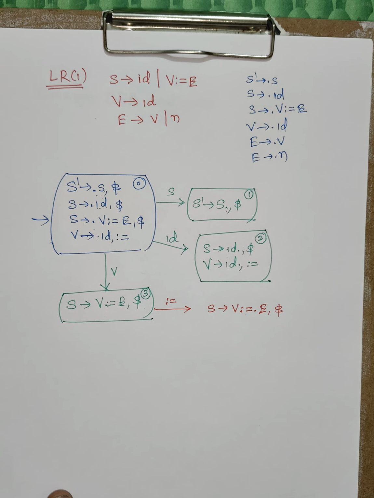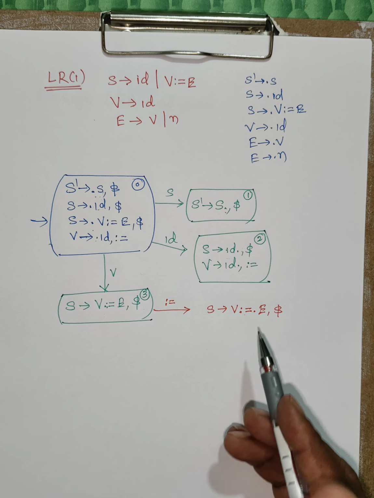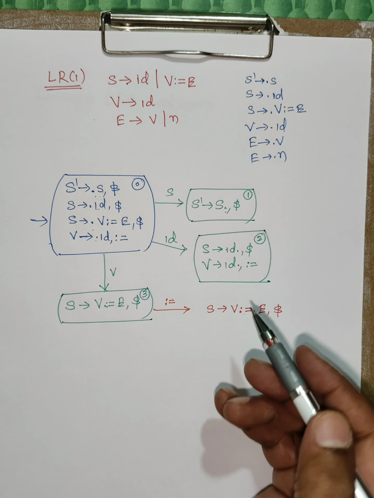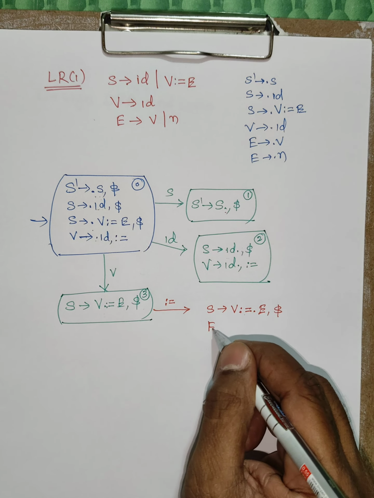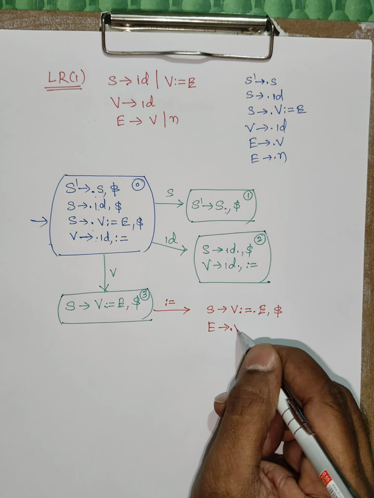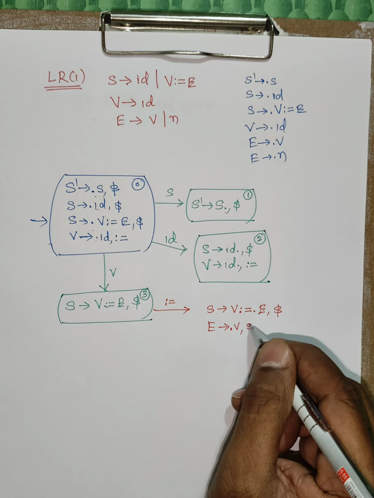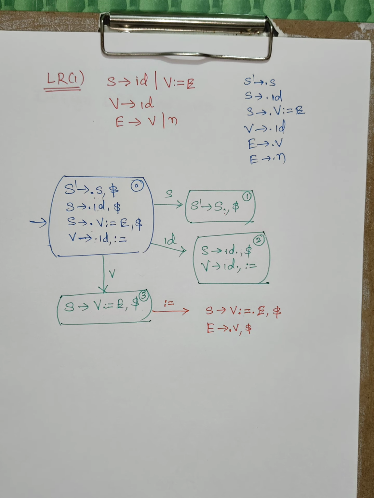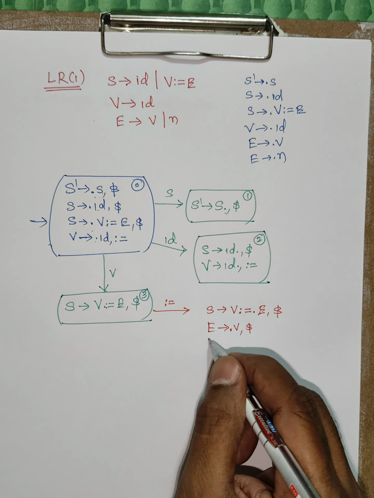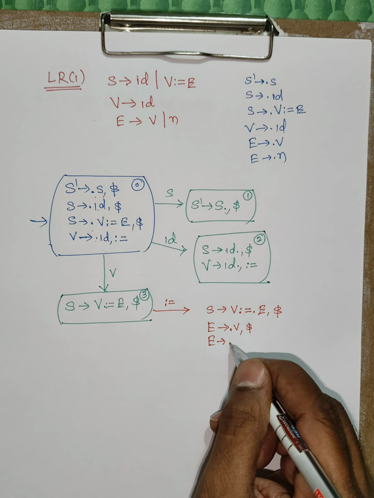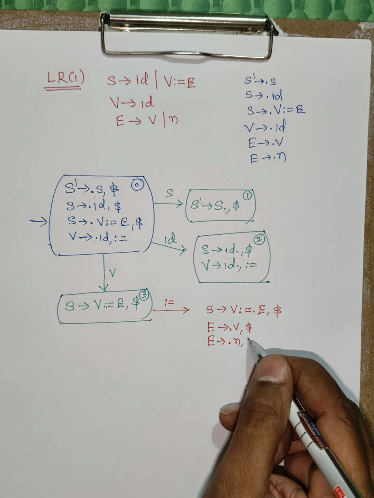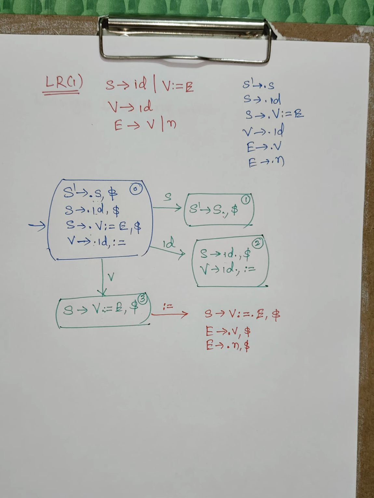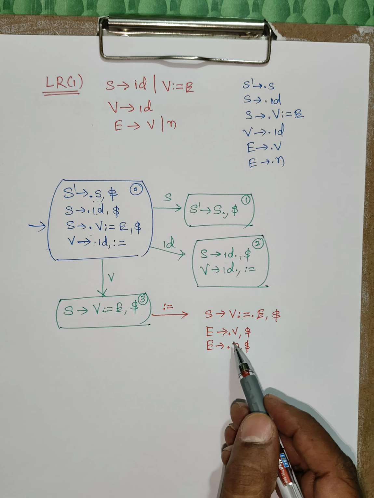After dot, E is a variable. If E is a variable, all productions of E: E produces dot V, dollar, then E produces dot N, dollar. After dot, V is a variable.